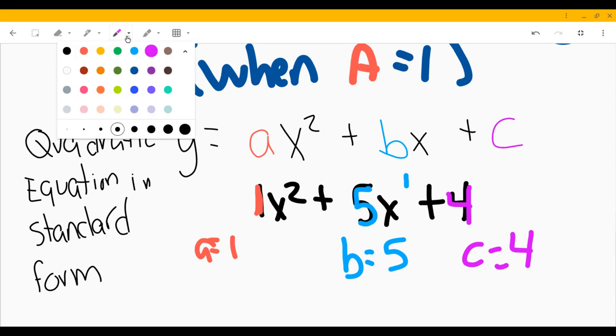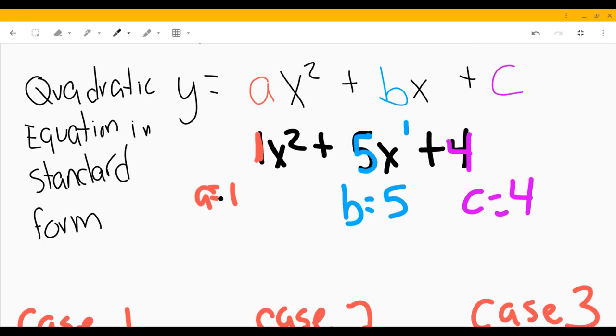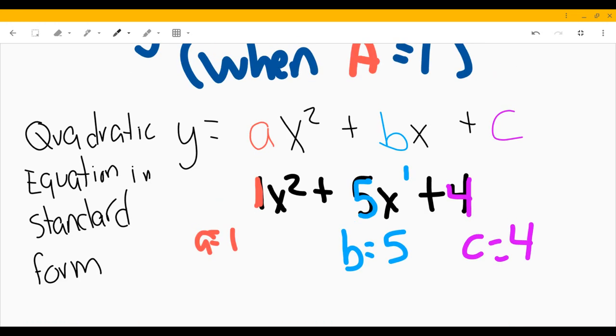And so when you're using the AC method, you're going to be looking at these letters here, A and C. So if I want to factor this quadratic equation, let me just write y equals 1x squared plus 5x plus 4, I want to be able to factor it into two separate binomials.